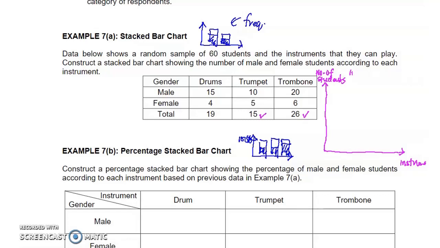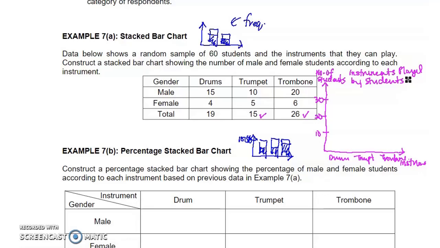So for example, we put instruments played by student. Okay, I use scale of 10, 10, 20, 30. So here will be drum, trumpet, trombone.